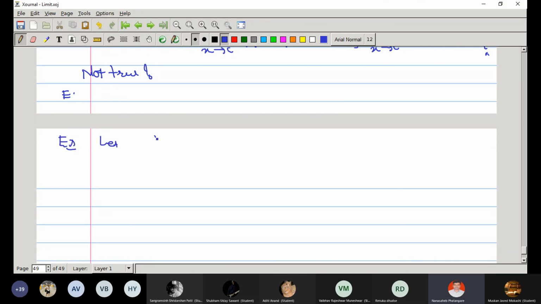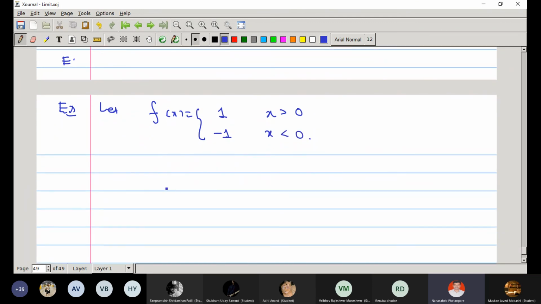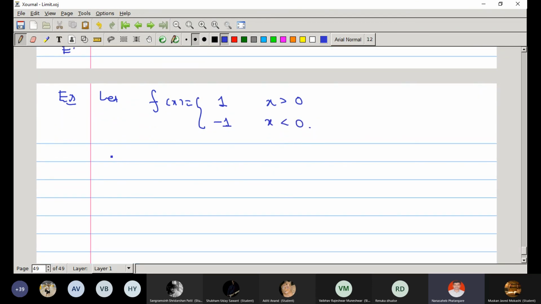let f(x) be equal to 1 if x is greater than 0, and minus 1 if x is less than 0. Then what is the absolute value function? It is 1. Is it true for all x?